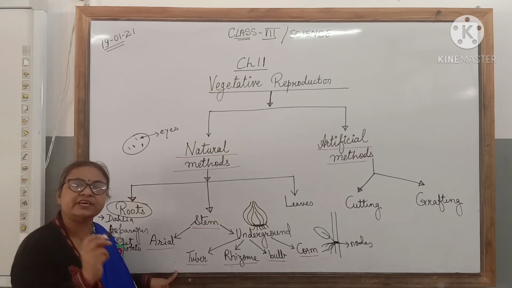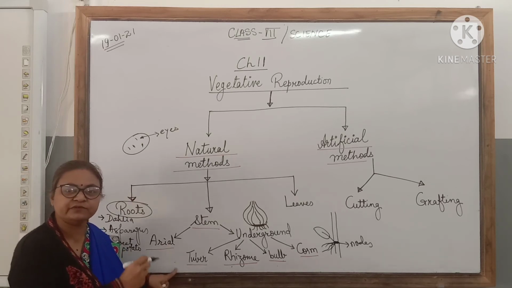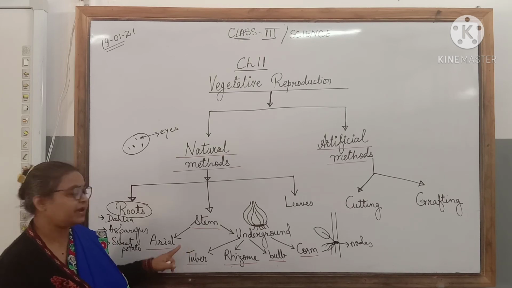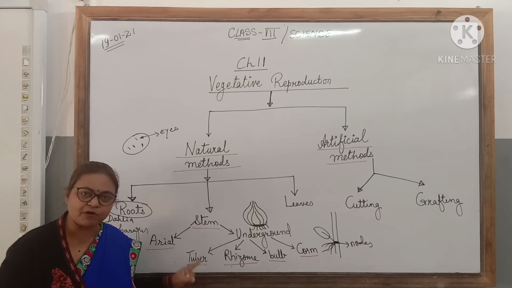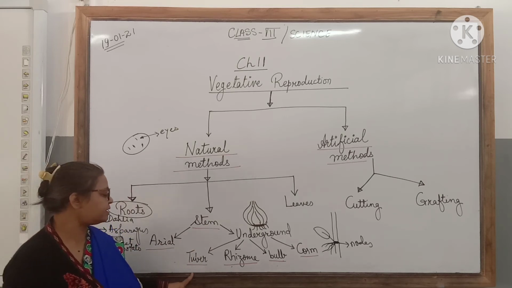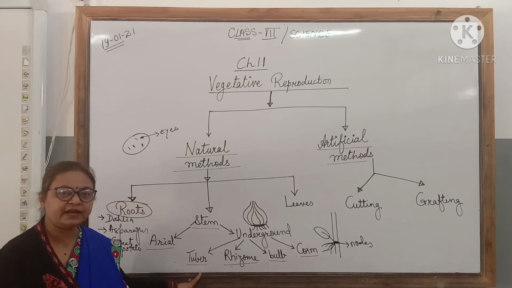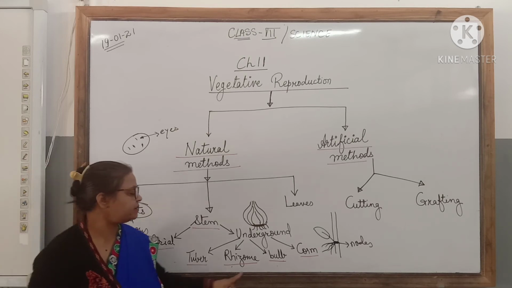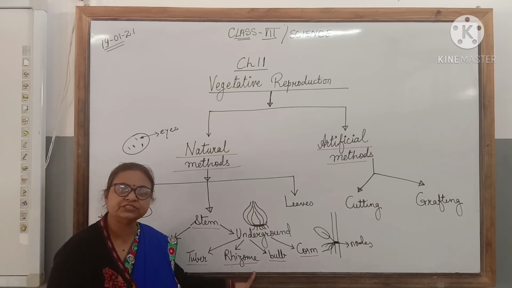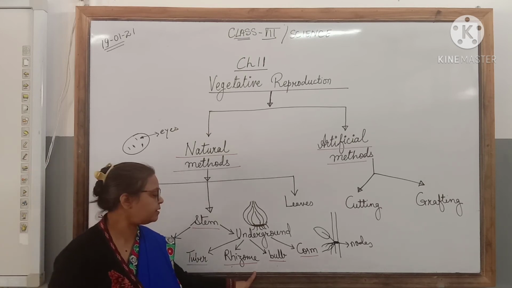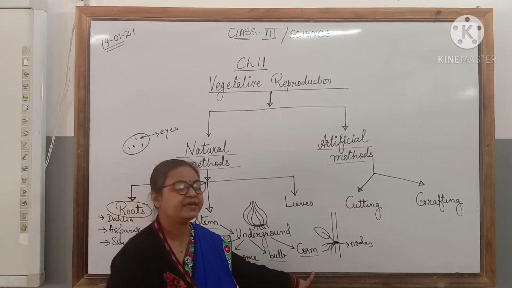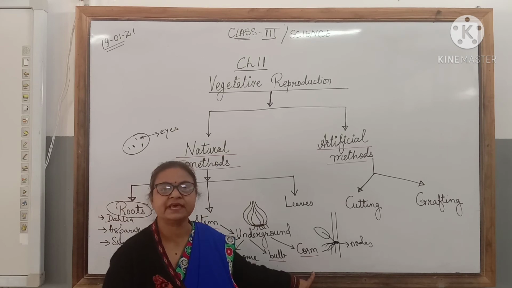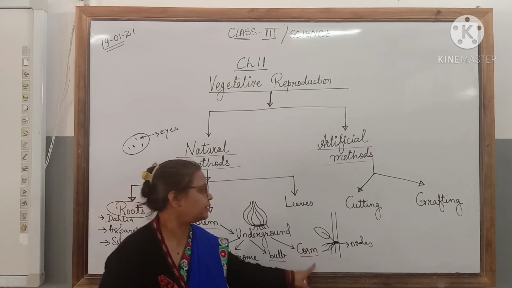Then jasmine also can be used for this by layering method. Then you have chrysanthemum, strawberry. Underground stems are tuber. In that we have example potato, rhizome, example ginger, banana, turmeric. Bulb, example is onion, and corm, example is gladiolus and colocasia.